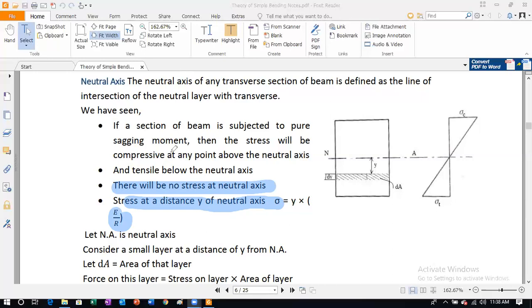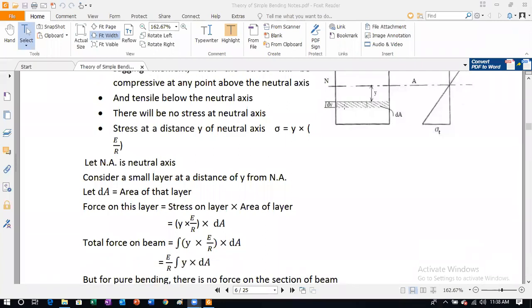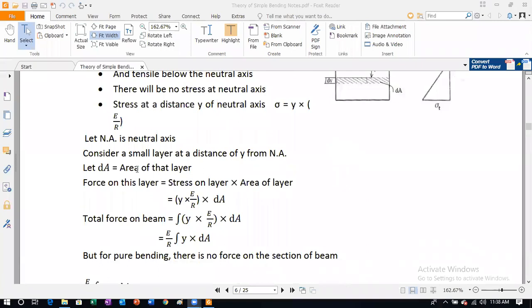Finally, let N be the neutral axis, then let dA be the area that is having width dy and length dx, right? So dA is equal to the area of the layer.